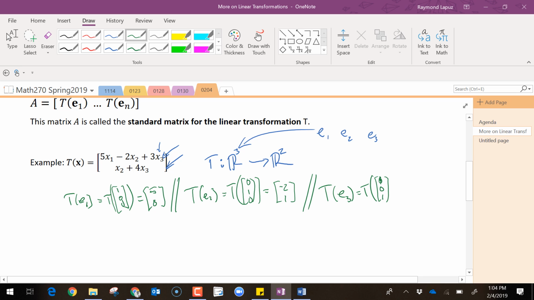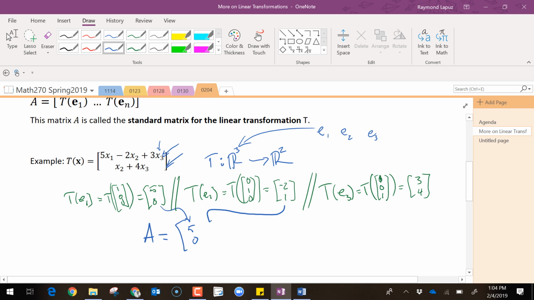So x3 is going to be equal to 1, and x1 and x2 are going to be equal to 0. Okay? So basically our matrix A is equal to just these vector outputs that we got for putting in the standard basis vectors, and then we make them into the columns of our new matrix.